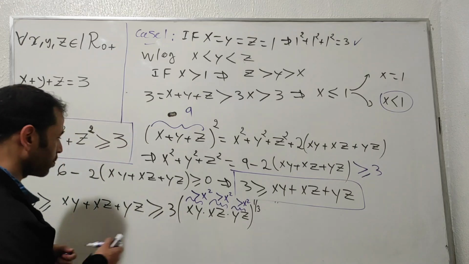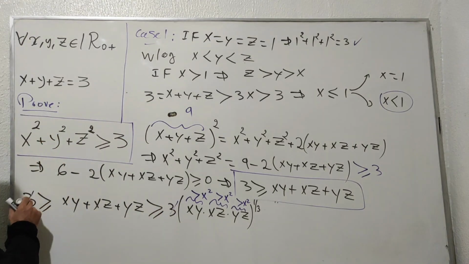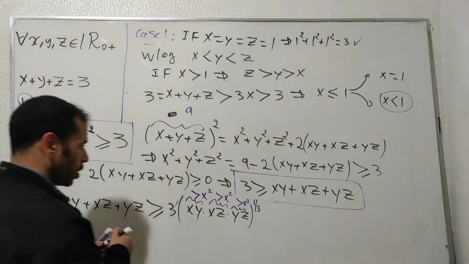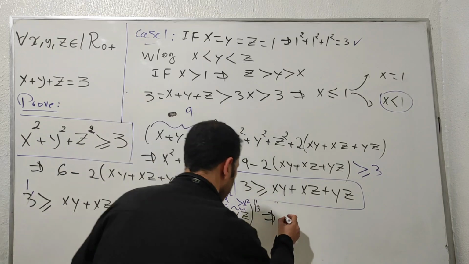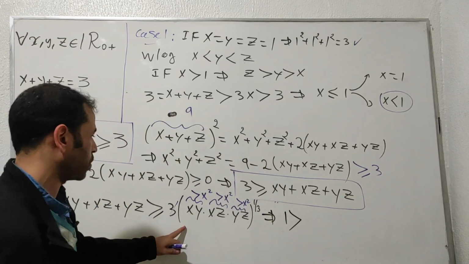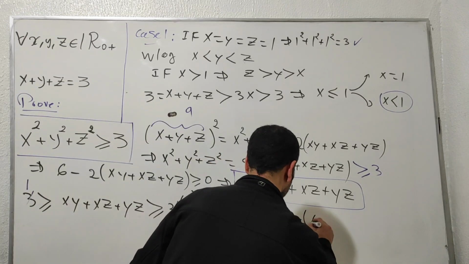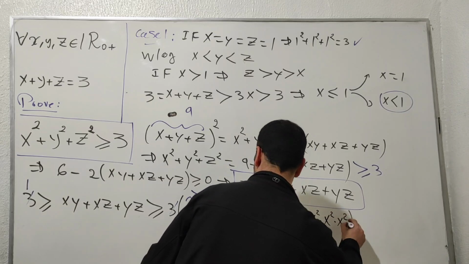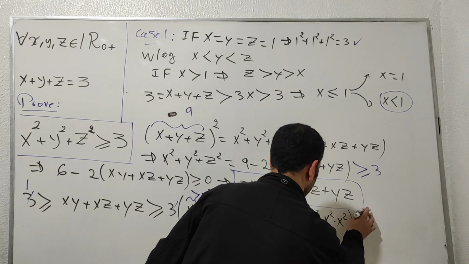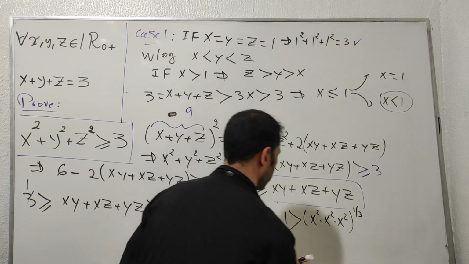Now let's cancel number 3 from both sides here. So let's replace this one with number 1, okay. Now I will have number 1, which is strictly superior than x squared multiplied by x squared multiplied by x squared, all raised to the number 1 over 3, okay.